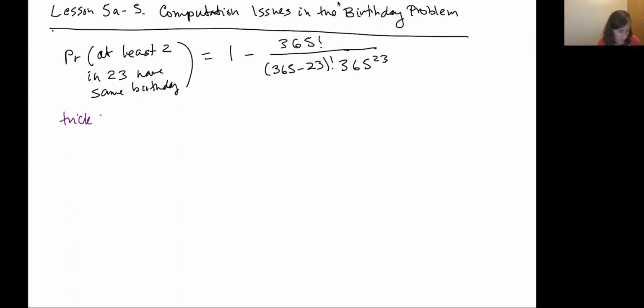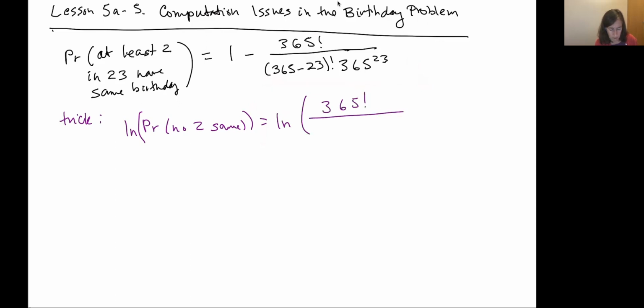And the trick is to find the log of this probability. I'm just going to look right now at the probability of no two being the same, all different. So just this part of it. That is the log of 365 factorial, and the 365 minus 23 factorial is down here in the denominator.